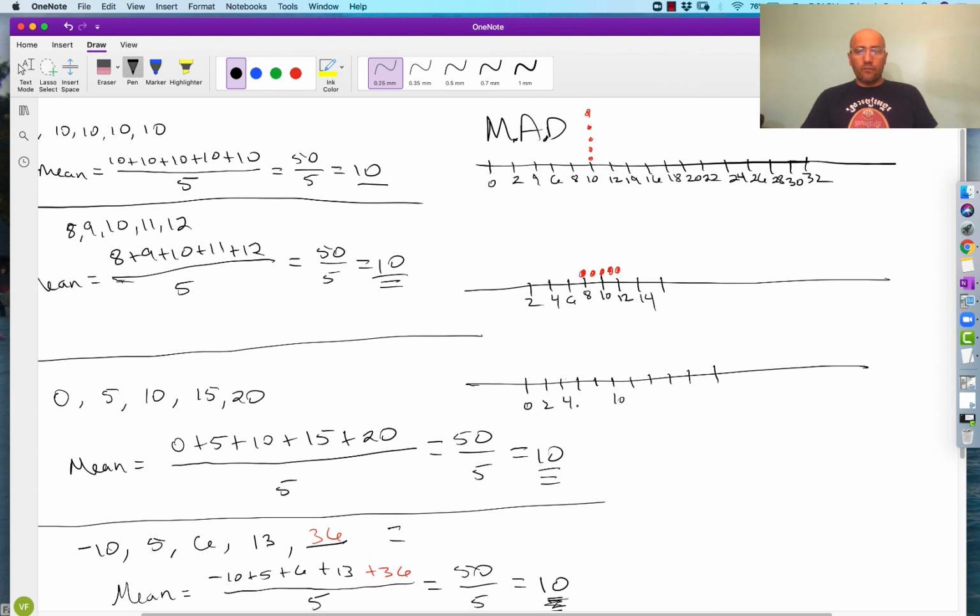Then we have a 0, a 5, which is somewhere around there, 15, which is around there, and then a 20. So we can visually see that this one is a little bit more spread out.